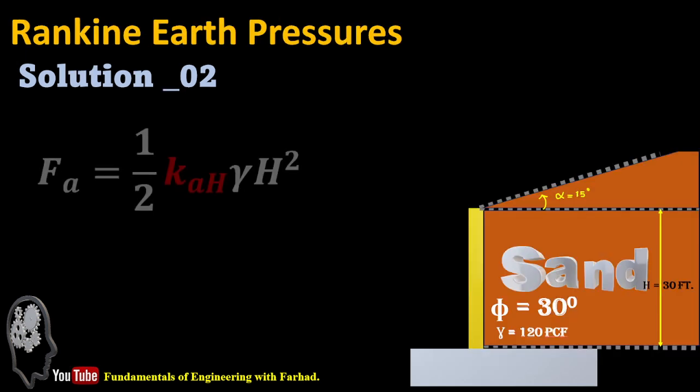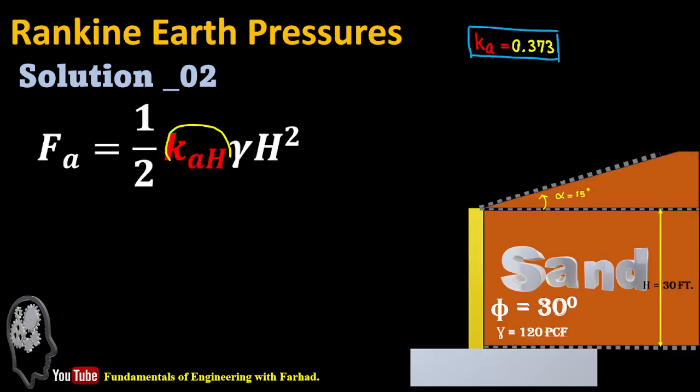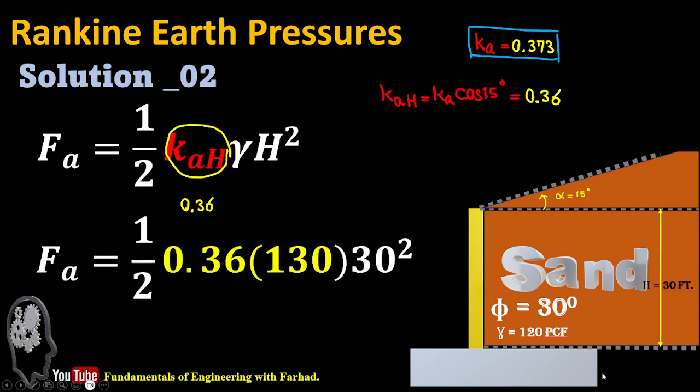But in terms of having the horizontal component of that, you have to multiply it by cosine of 15 degrees, so it's just 0.36, and then Fa is equal to this amount, and if you multiply it by the length of the wall, it just gives you 486 kips.